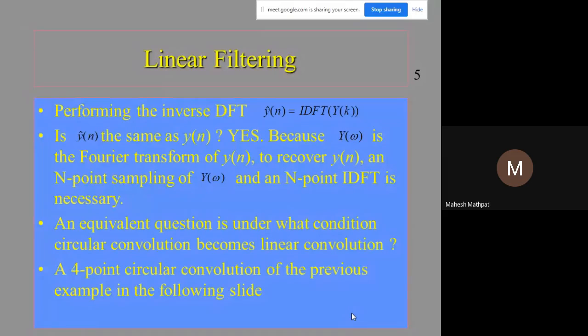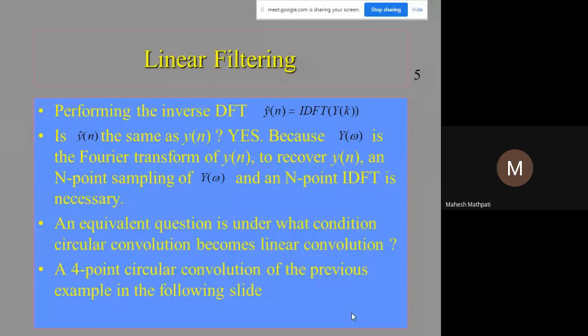Then last point, you just note down: a 4-point circular convolution. We are performing a 4-point circular convolution of the previous example in the following slide. The example on which we did linear convolution just now, you will do its 4-point circular convolution. Can you do that example? Just do it.